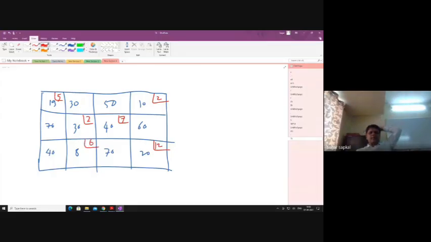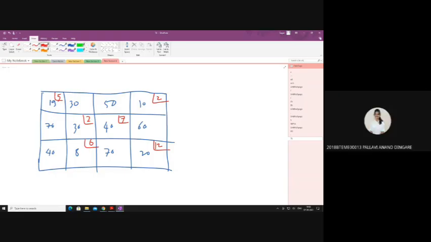Now check whether the rim condition gets satisfied or not. Now this is the new or improved solution. Okay. Now again check whether m plus n minus 1 allocations are there or not. How many allocations are there? 6.